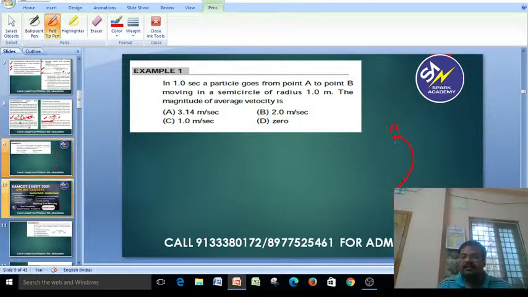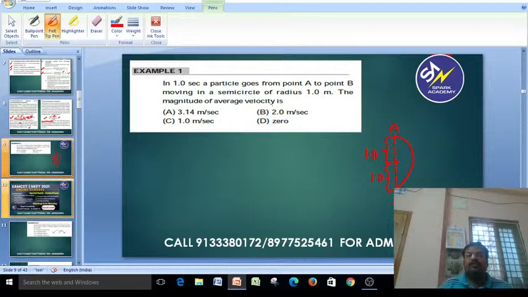This is the circular path I am considering here. This is the displacement of the particle. What about the radius in this case? The radius is 1.0 meter, so this is 1.0, 1.0 here.